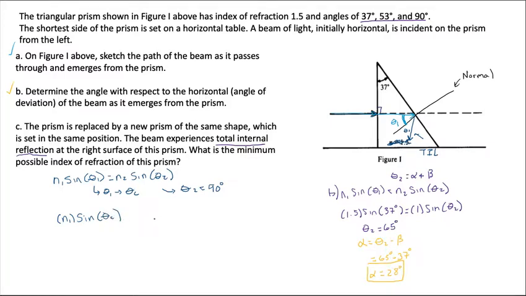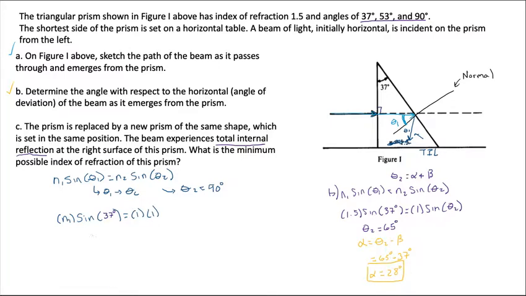which in this case, we actually know the critical angle. The critical angle has to be 37, because that is what our theta 1 is. We can't change that. That's what it's coming towards that edge at. Equals n2, which is our outside, so just 1, and sine of 90, which is 1.